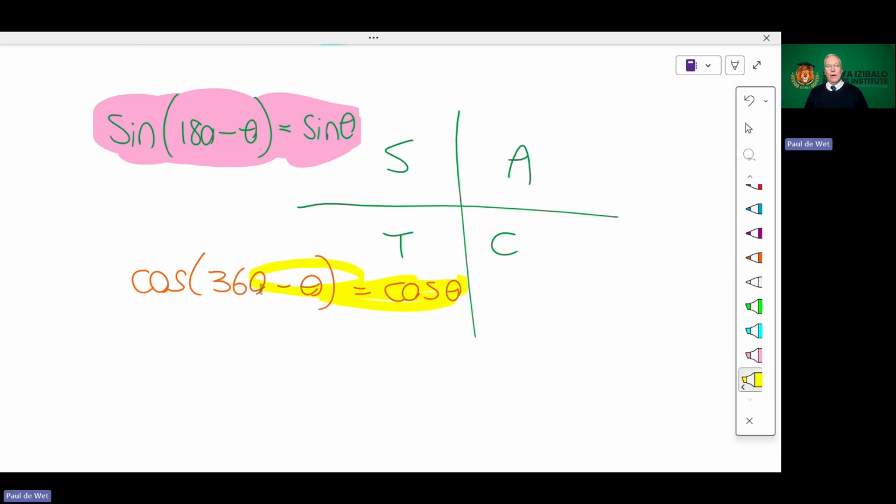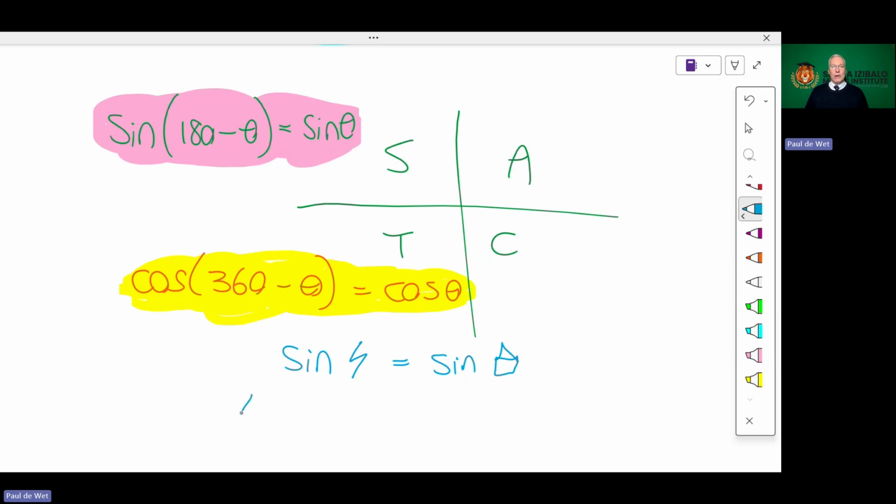Now I'm going to go slightly off piste here, which is a skiing term when you go off the slopes. I'm not actually a skier, but if you ended up with sine of lightning bolt equals sine of house, in other words you're solving an equation and you get sine equals sine, then do you agree that lightning bolt could equal house?